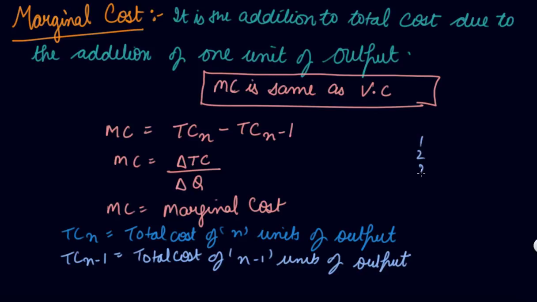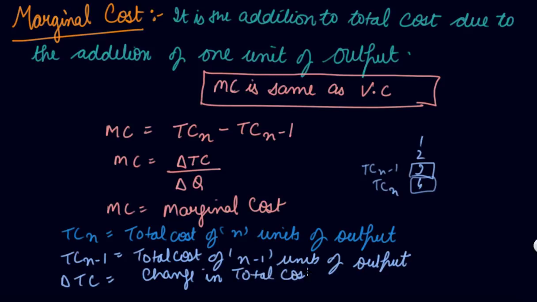If you have 1, 2, 3, 4 units, then let's say you have to calculate the marginal cost of 4th unit, then your 4th unit is your TCn, and your 3rd unit is your TCn minus 1. Change in TC is change in total cost, and change in quantity is your change in output.